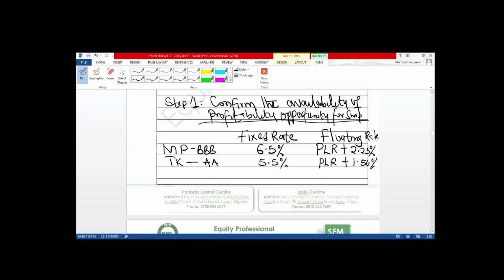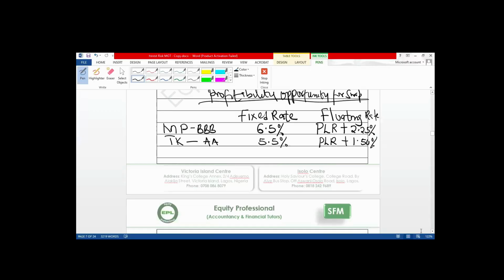If you look at the two companies, because of the credit rating of TK, TK can borrow at a reduced rate, whether fixed or floating.